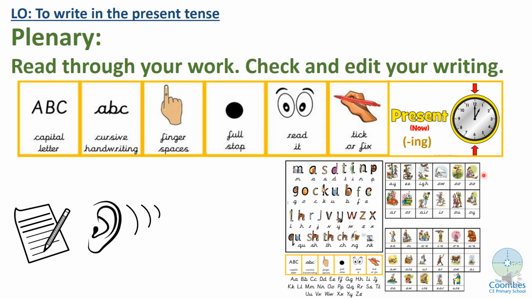And on the back of the sound mat is the red words as well. So if there's any common red words you want to check, they will be on the back. So pause the video, make sure you check your work properly, make any changes if you need to, and then play it again when you are ready for the reflection.